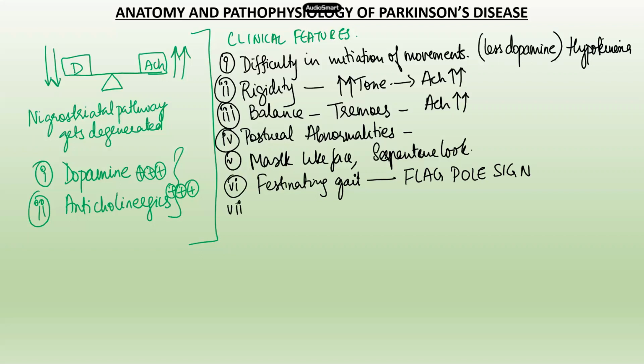And the characteristic feature of this particular patient will be that if you ask him to write his name, he starts with capital letters, he starts with big strokes, and ultimately this is what happens, right? So this is one of the most important clinical features.